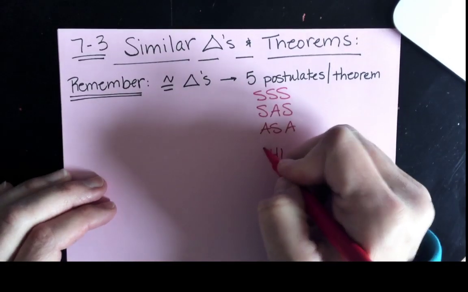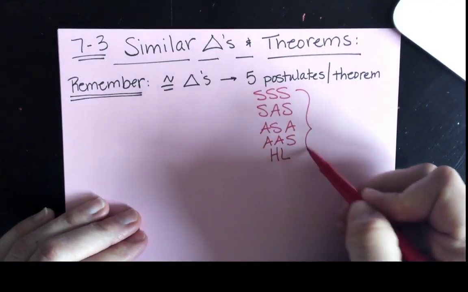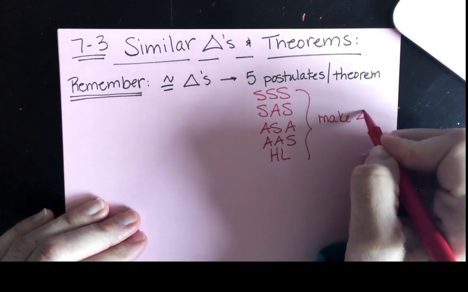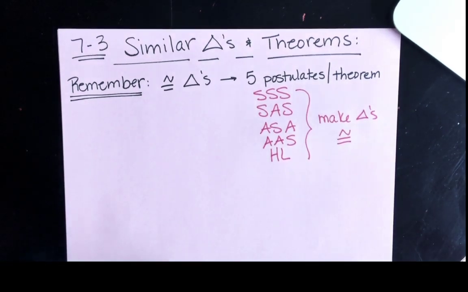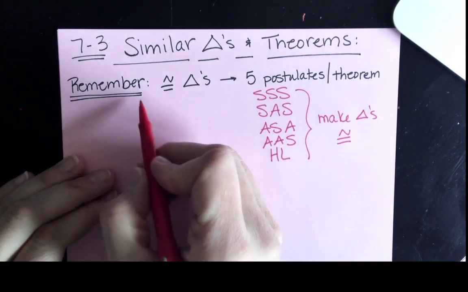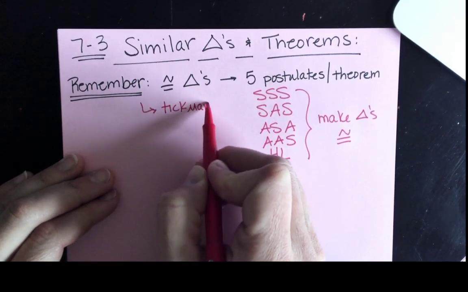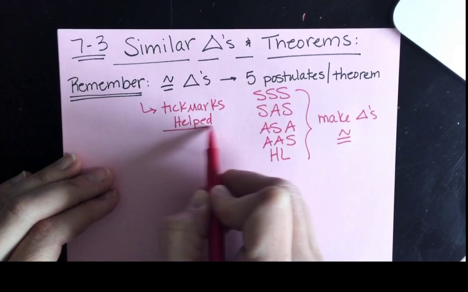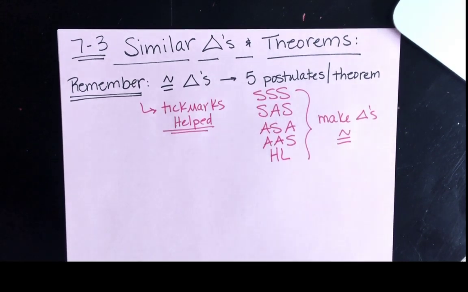Yep, thank you. Angle, angle, side. So all of these, we were able to make triangles congruent. So we knew that tick marks, with congruent triangles, tick marks helped. And that's something to think about when we're going to go into our similar triangles.